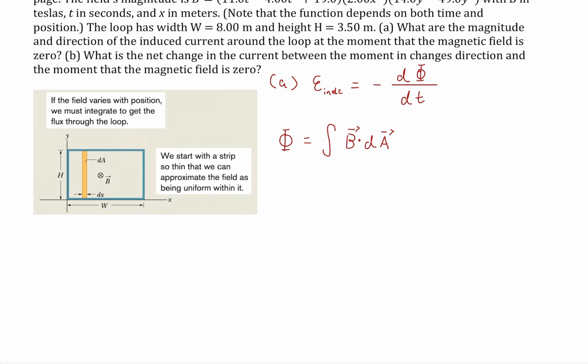What that would look like in this problem, in terms of the setup of that double integral, would be to turn our general area integral into two integrals. One is going to go from x initial to x final, and the other is going to go from y initial to y final.